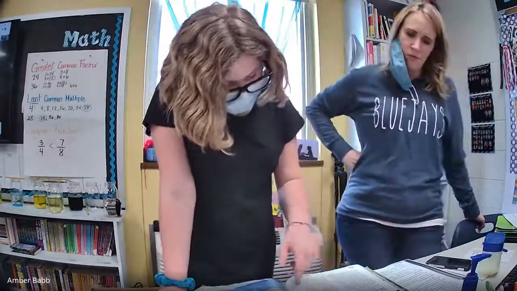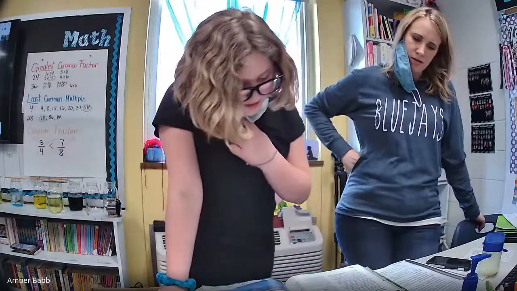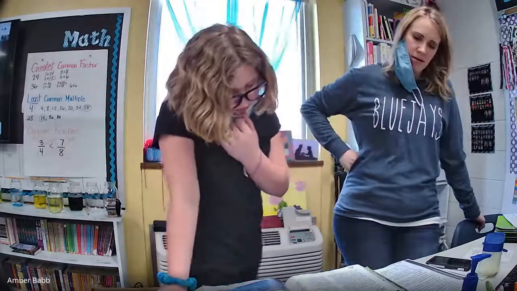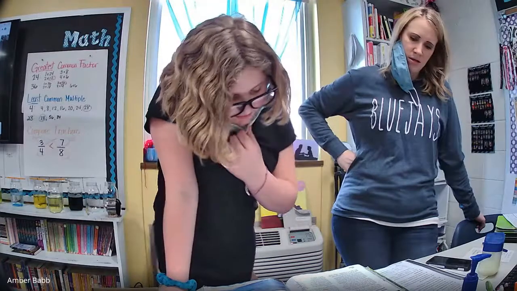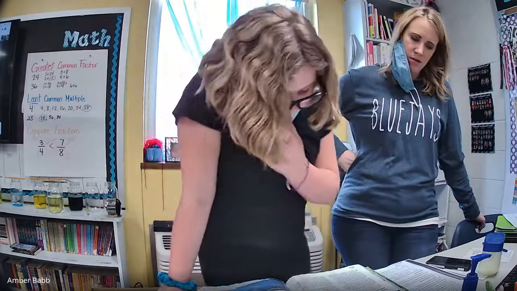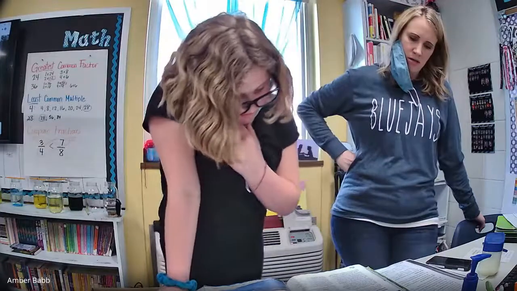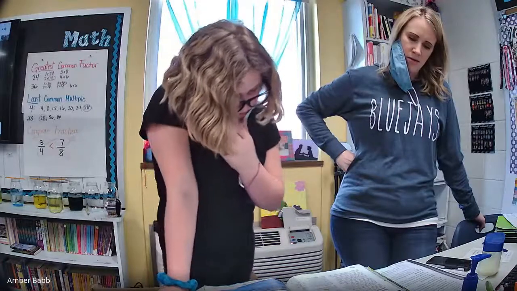You want me to read this? Yeah, keep going. Air pollution does not only cause problems near the ground. About 30 kilometers above Earth's surface, there is a layer of gas called ozone. The ozone is a form of oxygen that protects living things on Earth's surface from the sun's dangerous radiation.